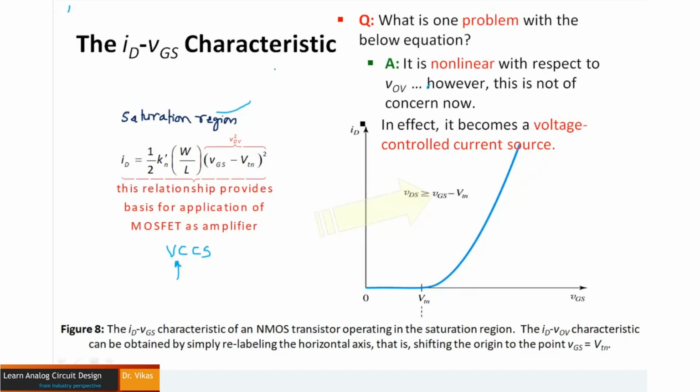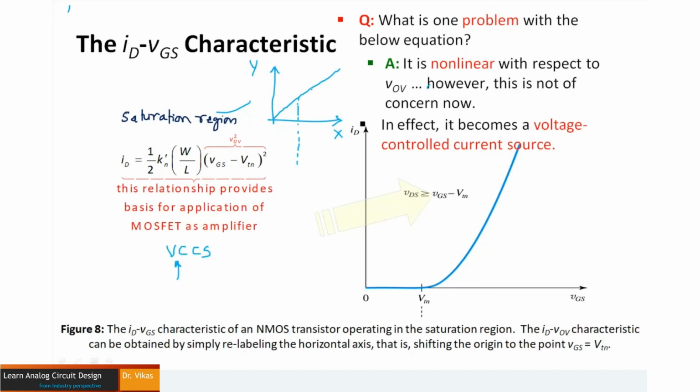For example, a simple example: I have an x-axis, I have a y-axis, and let's say I have a linear graph which passes right through the origin.